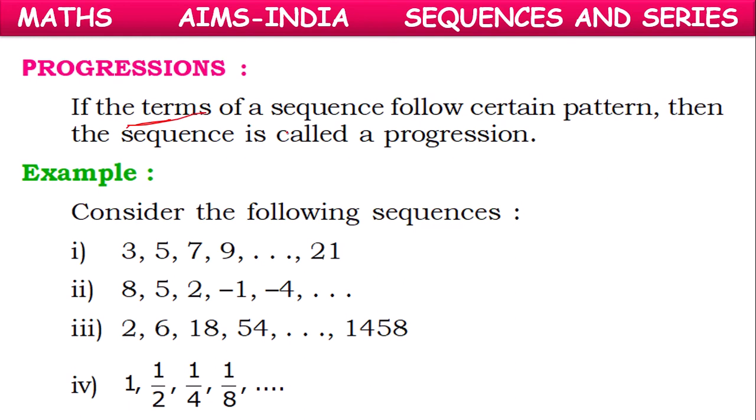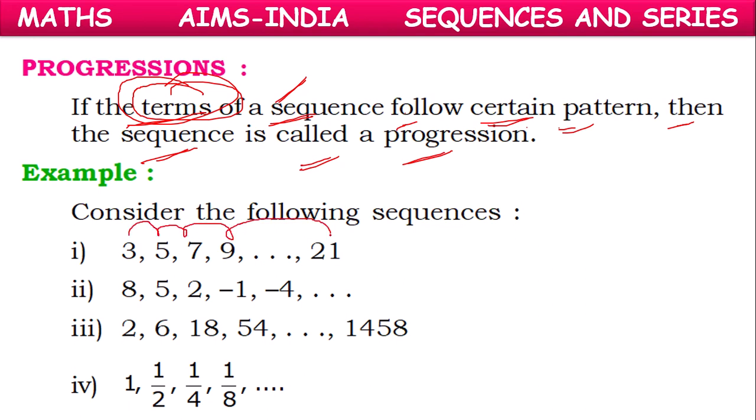If the terms of a sequence follow a certain pattern, then the sequence is called a progression. If all the terms of a sequence follow a certain pattern, then the sequence is called a progression. So here: 3, 5, 7, 9, 21.